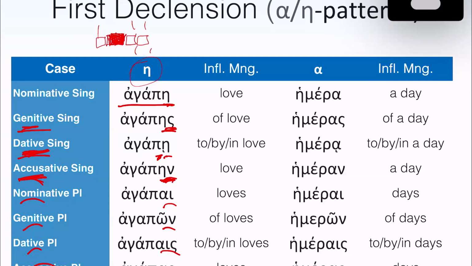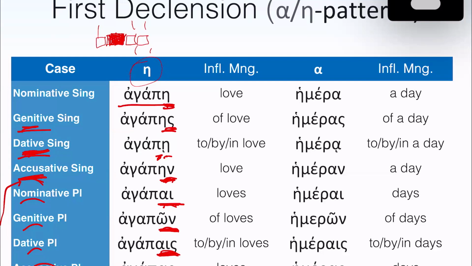Now we've got our plural forms. Agapai with an alpha iota, agapon with an omega nu, agapais which is alpha iota sigma, and agapas, which is alpha sigma.